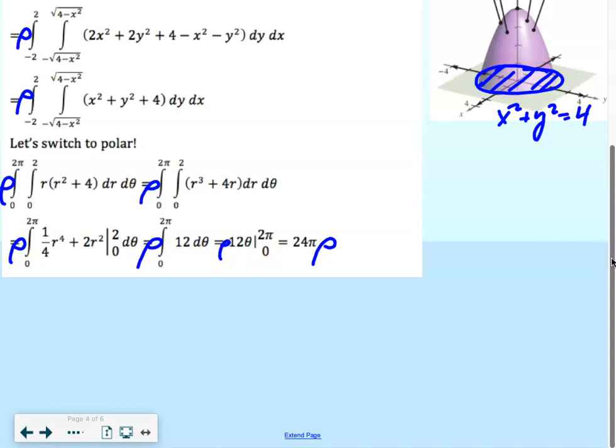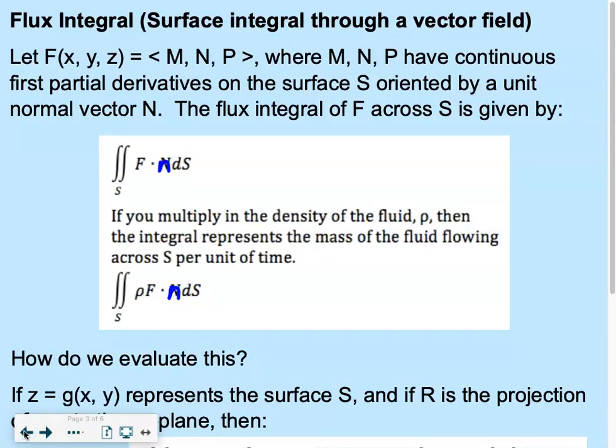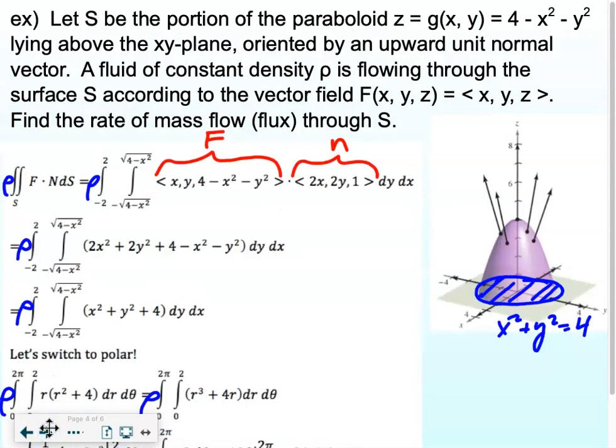I didn't even think about it, that they said, hey, rho is the density. If you're given a density function, you just multiply the density in. But if rho is representing a constant, then you can just put it out front. And in this case, there was no function given, so it just represents a constant. Okay.